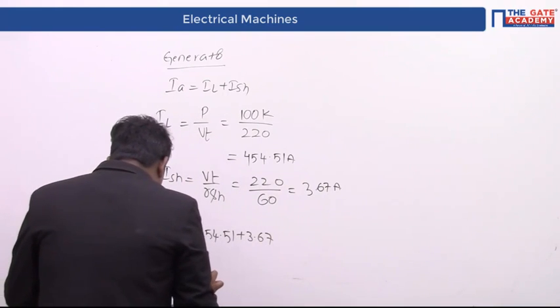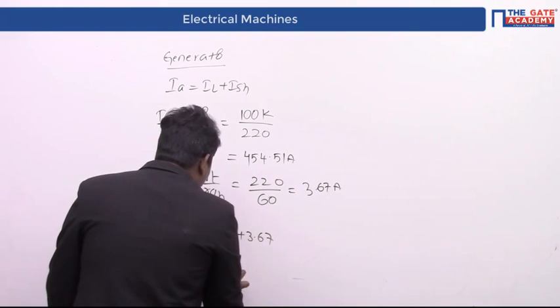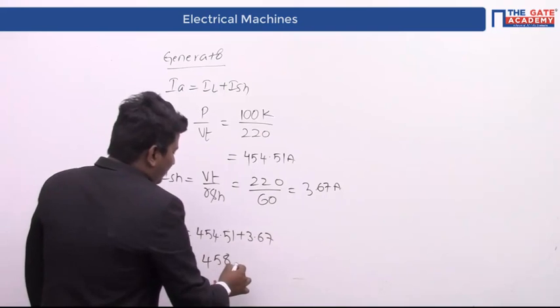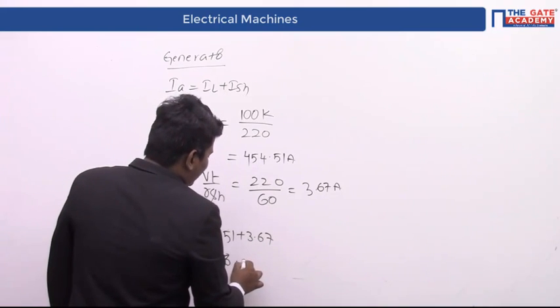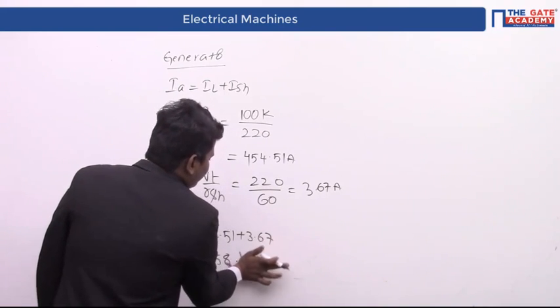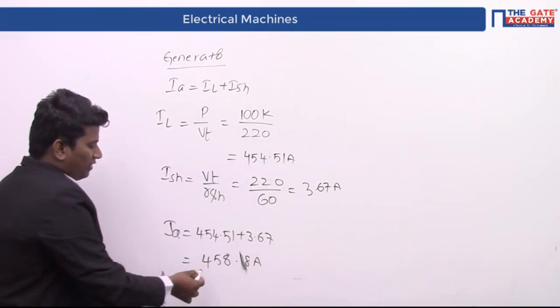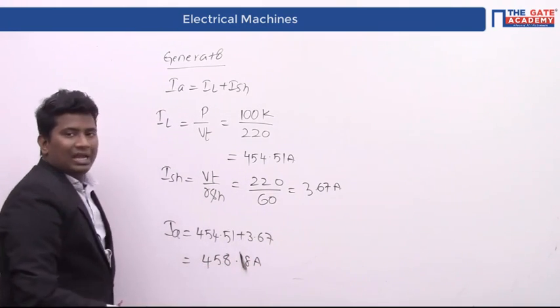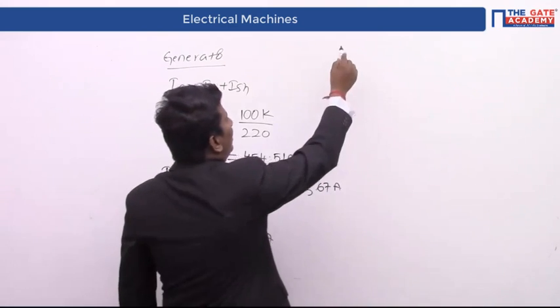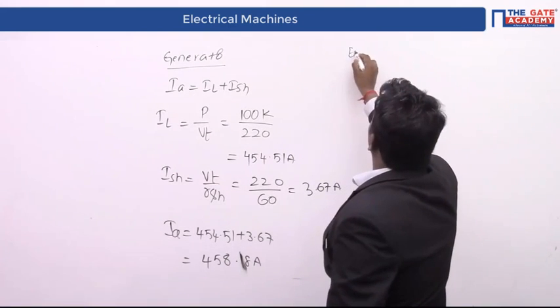The resultant current is 458.18 amperes.